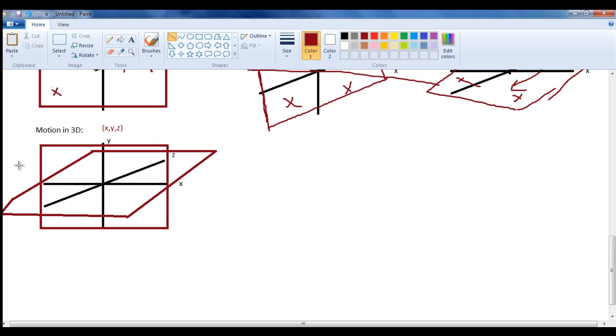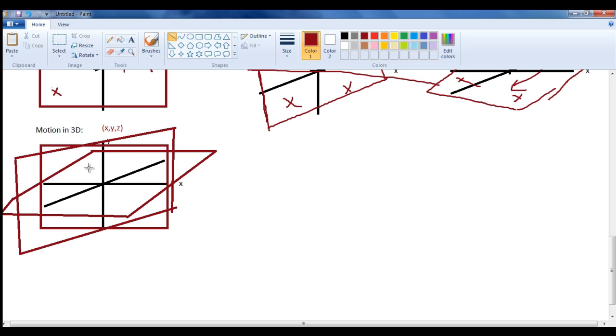And also you will be having another plane which might look a little different, right? Something like this, which is meant for z and x. So like this you will be having planes. These are known as planes.